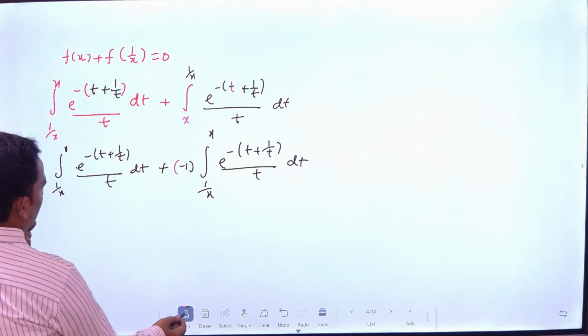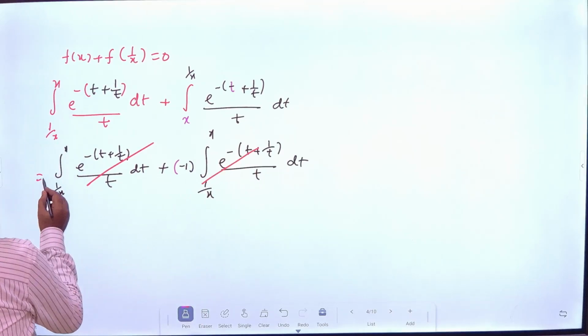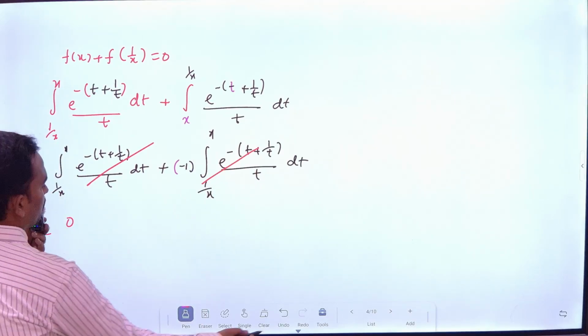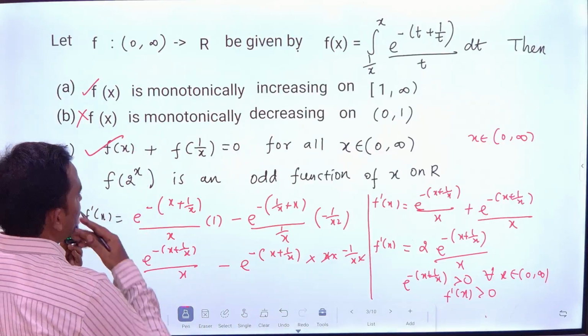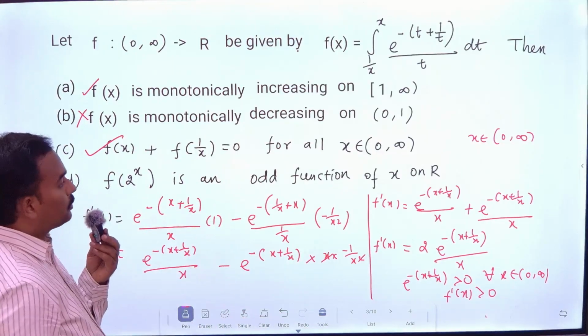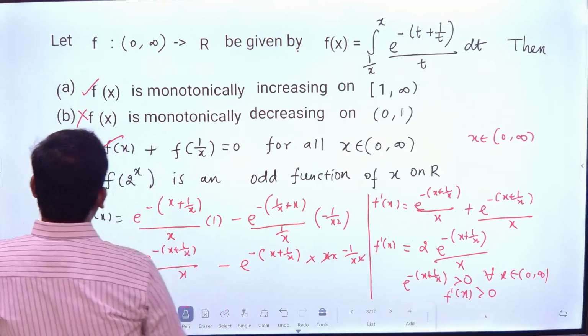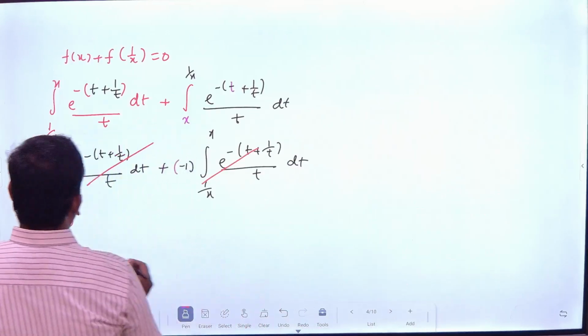So you can see definitely this would be cancelled. So you will get the sum as 0, right? Therefore the third option is also correct. It's true for all x belongs to 0 to infinity, right? Okay. You have to check the fourth option quickly, f of 2x, right? What is f of x here?